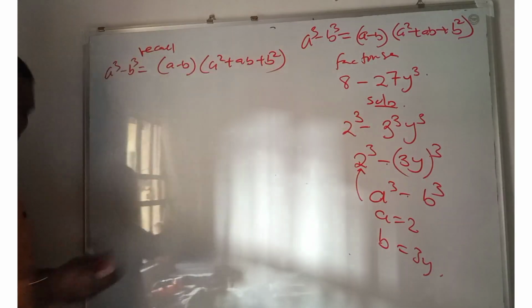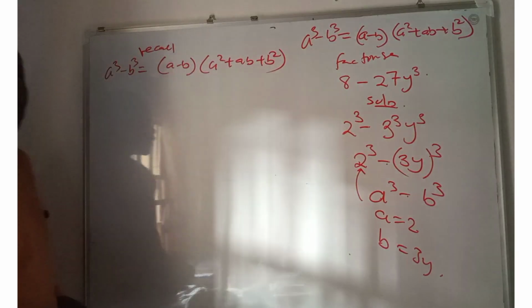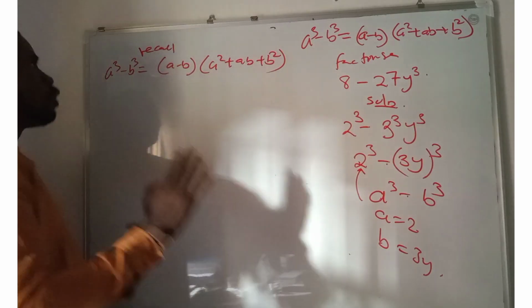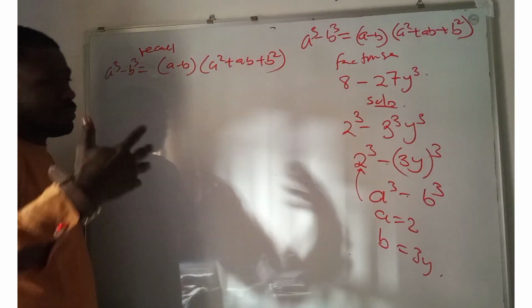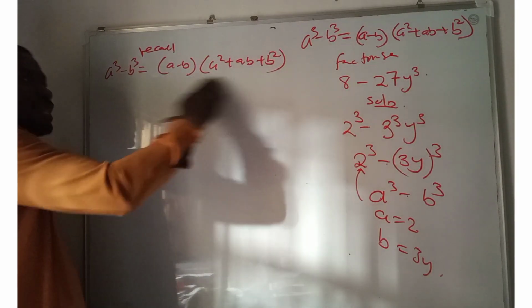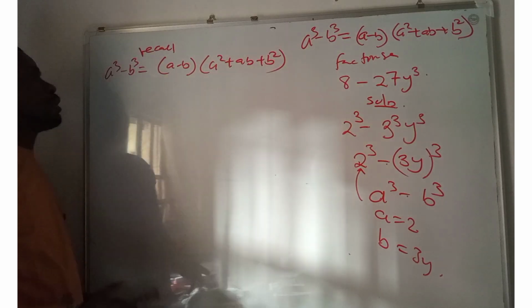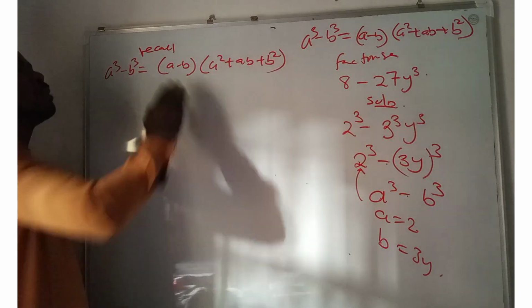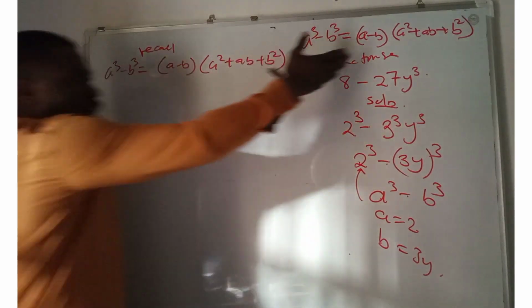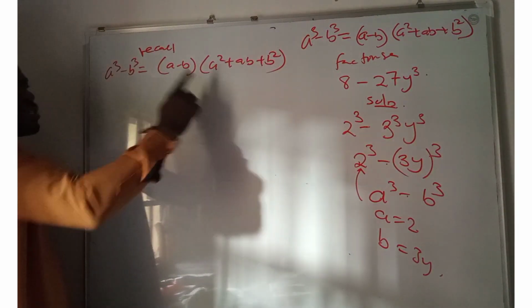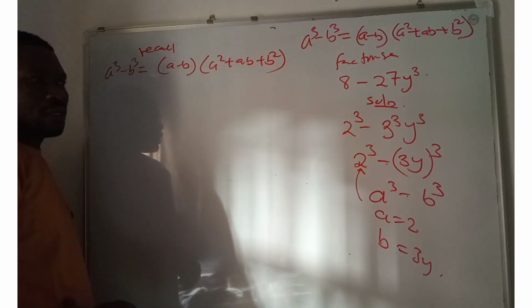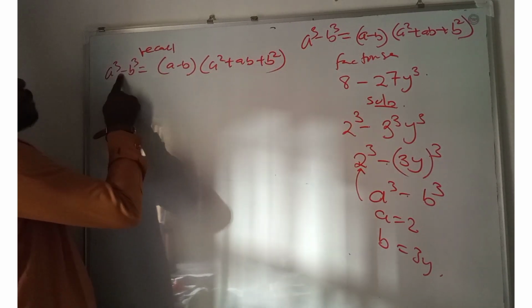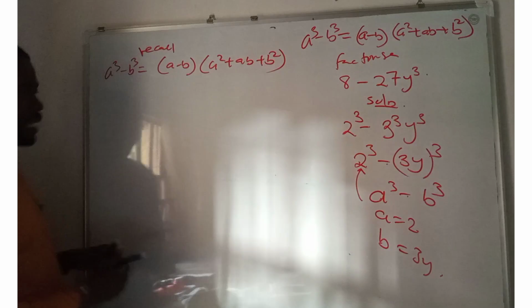If I can't remember this, it will be difficult for me to solve that question. So for you, you're supposed to know, either by way of understanding how we arrive at this, or some students do cram it, but whatever. The most important thing you should know is that a cube minus b cube will be this. Because if you see a question like this, without you remembering this, it will be difficult for you to solve it.